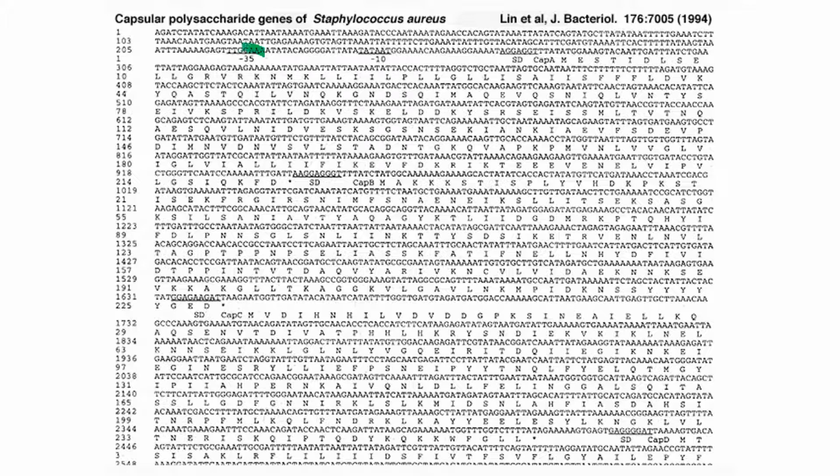Note here we have that promoter sequence in the DNA at -35, -10. We have the +1, our start of transcription, and then we have translation beginning here.